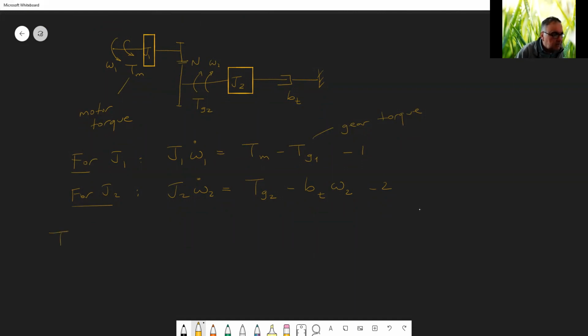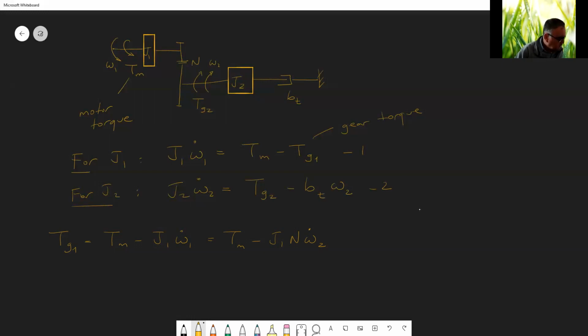But I can write Tg1 is equal to the motor torque minus J1 omega 1 dot from the first equation, which can be written as Tm minus J1 n omega 2 dot. So I have eliminated omega 1 dot from our equation.